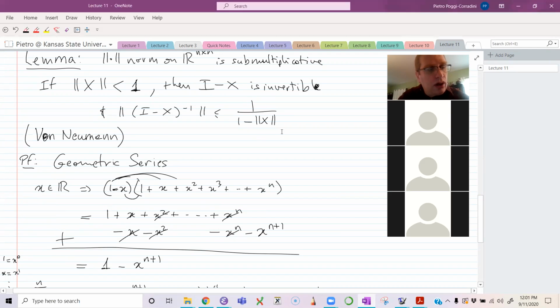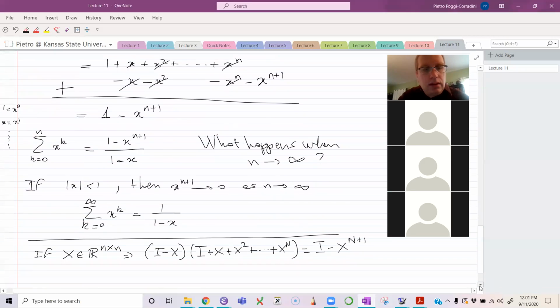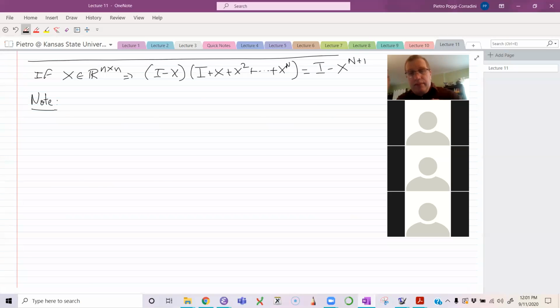All right, so let's try to prove that. So first, note, remember when we study norms, because of finite dimensionality, all norms are equivalent, right?